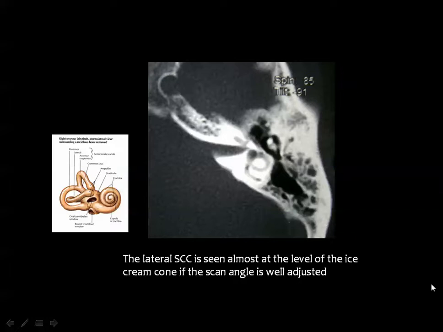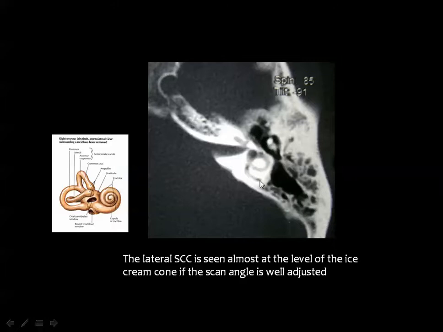Then here you can see the ice cream cone, the anatomic landmark of the middle ear, and this is the anatomic landmark of the inner ear. This is the lateral semicircular canal, and it opens in the vestibule. And if you look posteriorly, you can see part of the posterior semicircular canal.